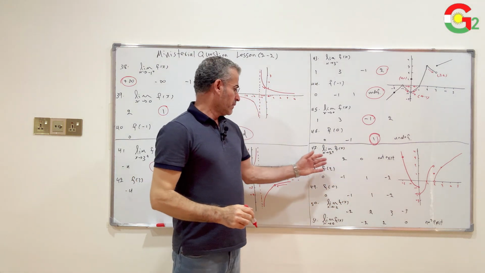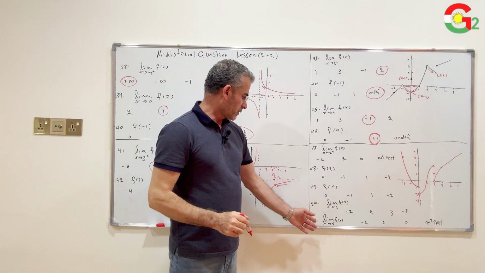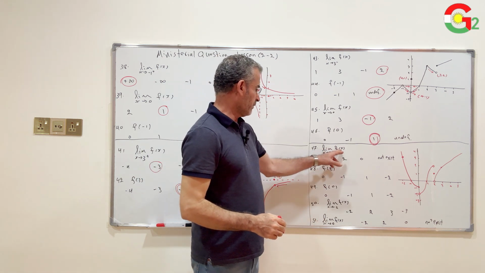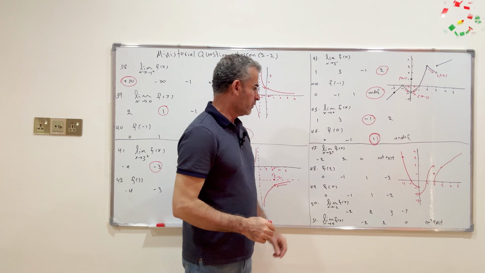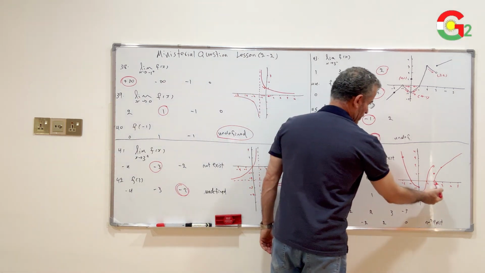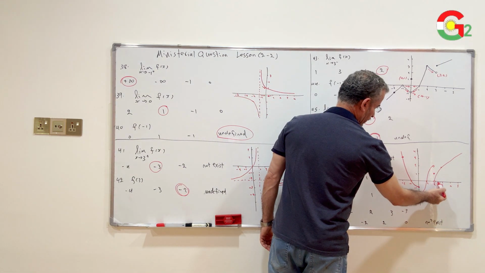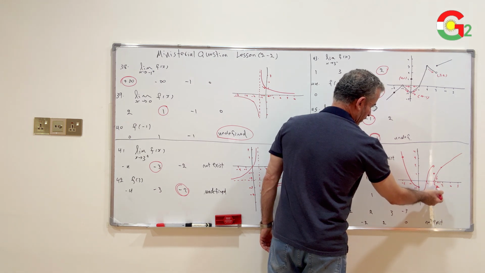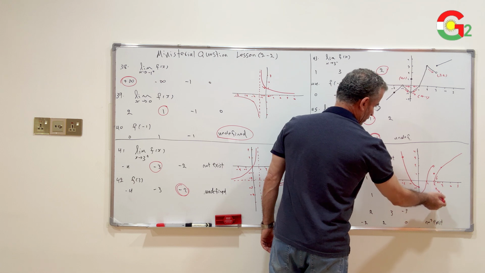Use this graph to answer questions 47 to 51. Limit f of x when x approach to 2 from right. This is 2. This is the right of 2. When x approach to 2, f of x approaches this point. The coordinate of this point is 2, 0.